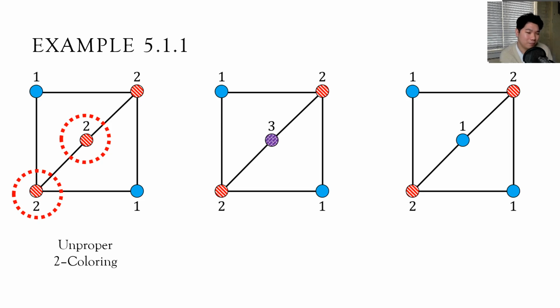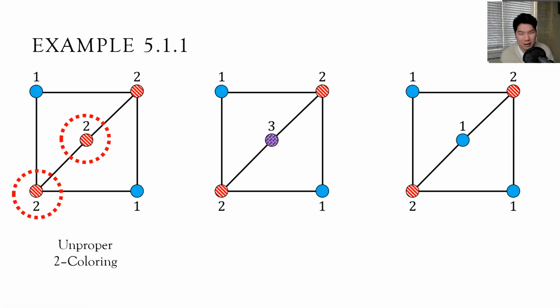So now let's move to this graph, this coloring in the middle. So you can see in this middle graph, I have 3 colors, 1, 2, and 3. 1 is this sort of solid blue color. 2 is this diagonal stripe, whereas 3 is this sort of brick pattern.